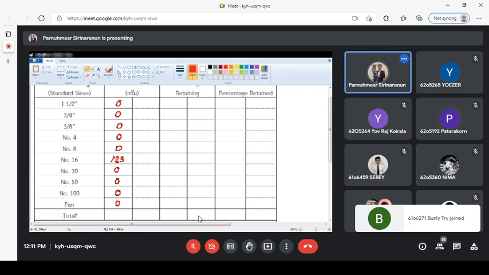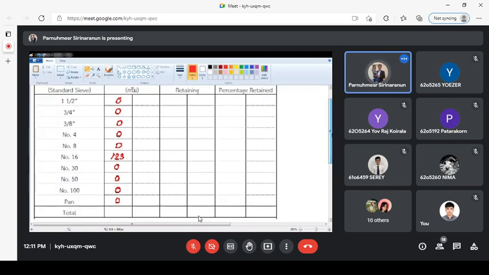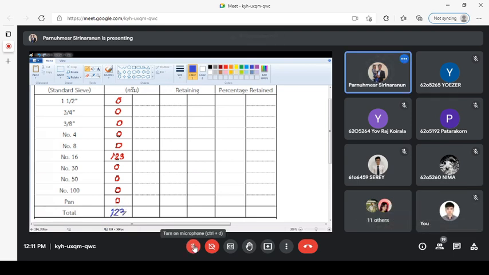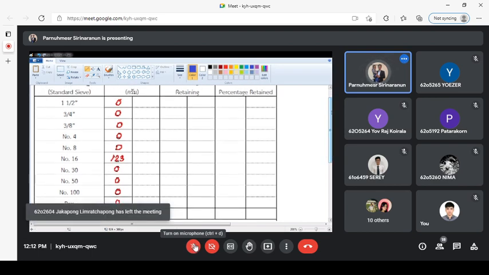Everybody must find the total sum of the mass retaining on each sieve. Okay. What do you get for the total? 1, 2, 3. Okay. After that, to compute the percentage retaining on each sieve, clear?